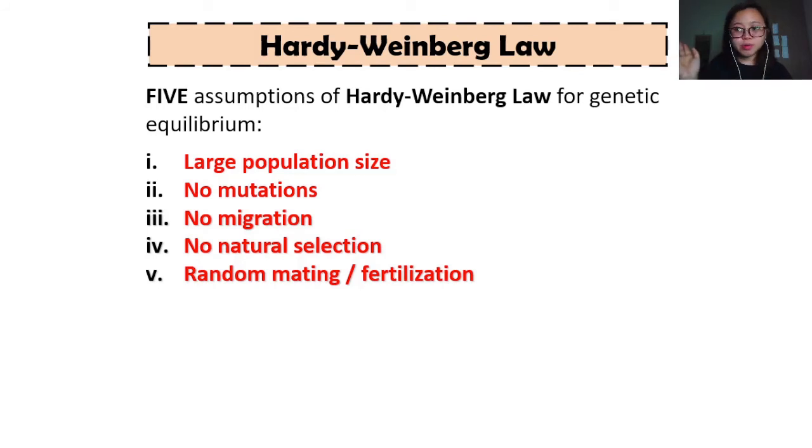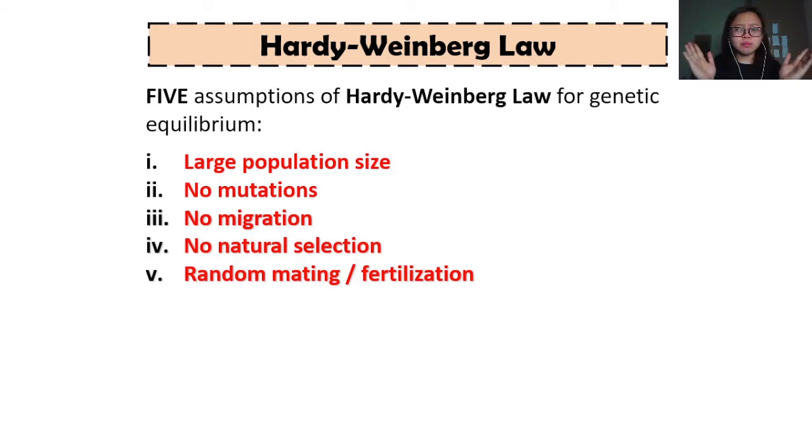Okay, so large population size should be easy to understand. No mutation means kalau kamu punya allele adalah A besar A kecil, itu sahaja allele kamu. Tidak tiba-tiba muncul A huruf kecil X. No migration means if your population lives in Labuan, there is no bird coming in from Sabah into Labuan or from Labuan back into Sabah. Dia tiada migrasi.